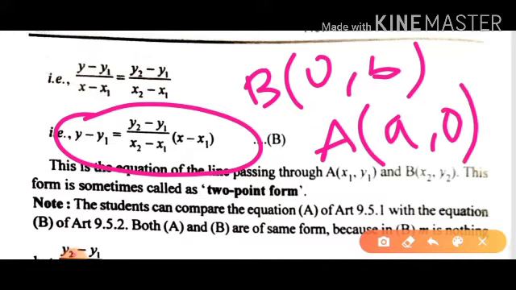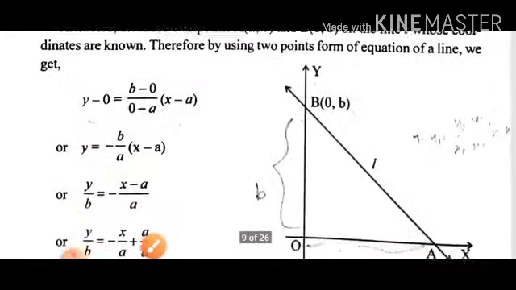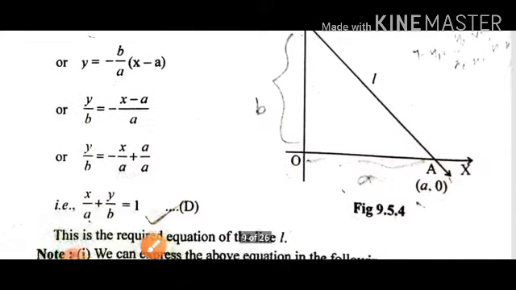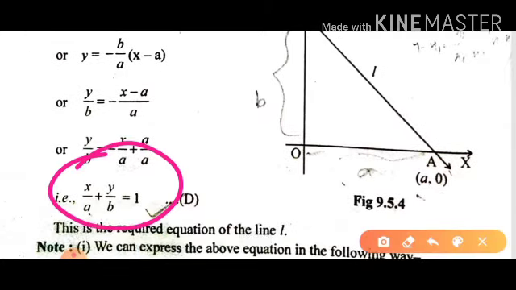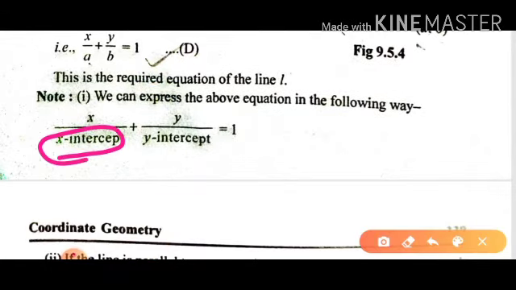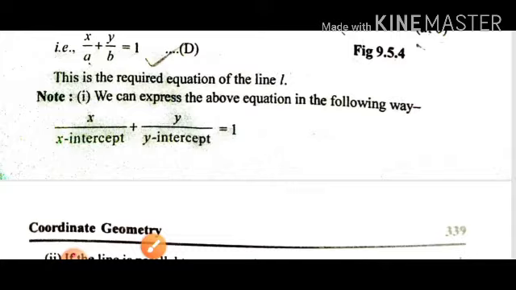This one you can take as x1 y1, and this one as x2 y2. Just put the values. It will form an equation, and this equation will be the equation of a line in intercept form. That means a will be the x-intercept and b will be the y-intercept, is equal to 1.